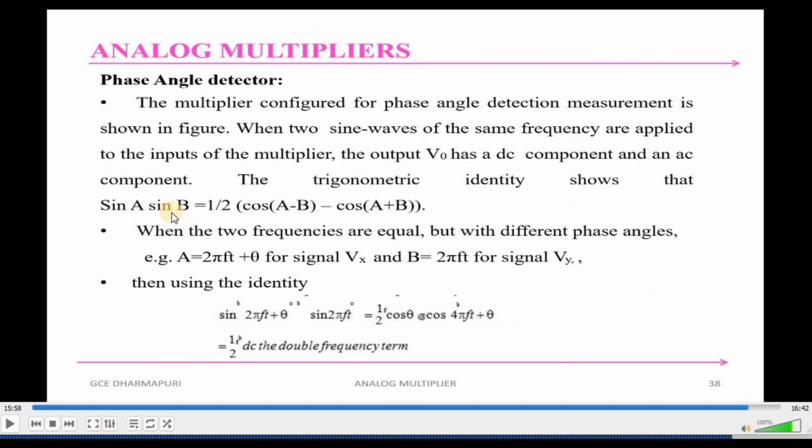For example, sine A sine B is equal to 1 by 2 of cos A minus B minus cos A plus B. Since both the frequencies are the same, this one will get cancelled out.